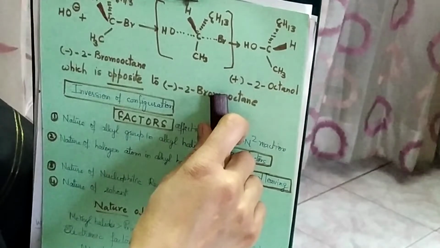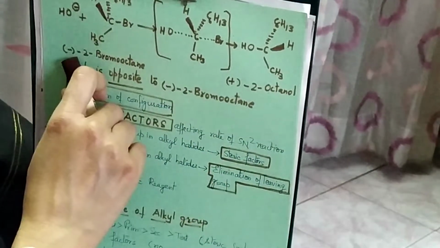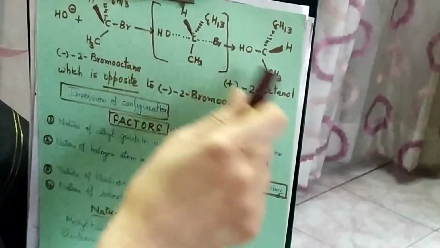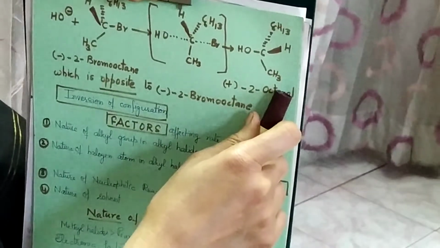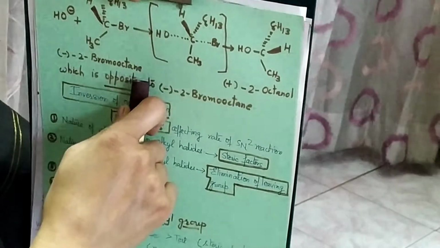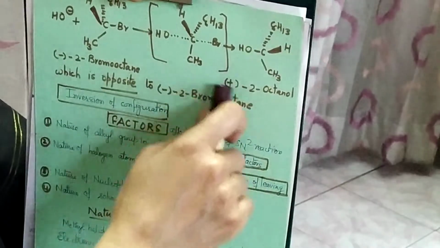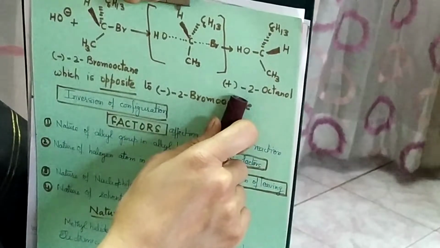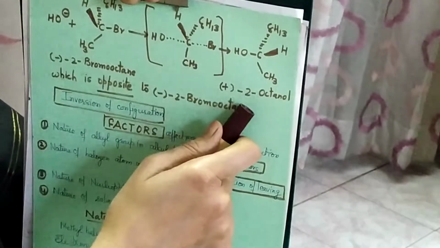Now I already told you that levorotatory octanol molecule was having the same configuration as 2-bromo-octane, which is levorotatory. So if I obtain dextrorotatory product from here, that means configuration has been inverted.